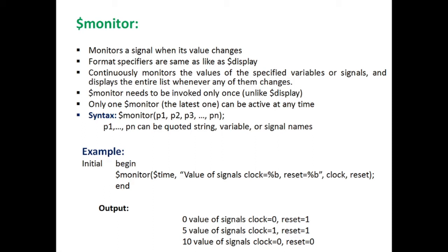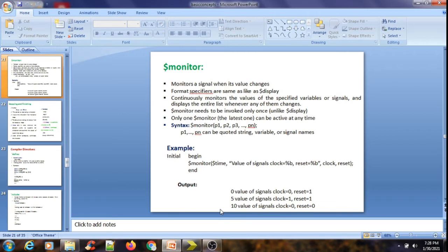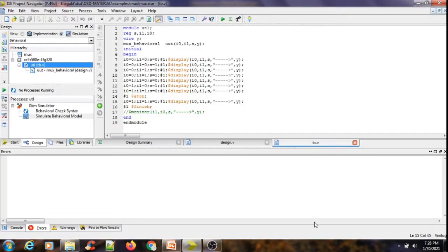Every time I change the signal values and they have to be displayed in the console window, I would definitely have to use $display 3 times. Instead of using $display 3 times, I just use $monitor a single time, such that it continuously monitors whatever signal values are changing, and it will be updated in your console window. So let me move to the Xilinx tool.